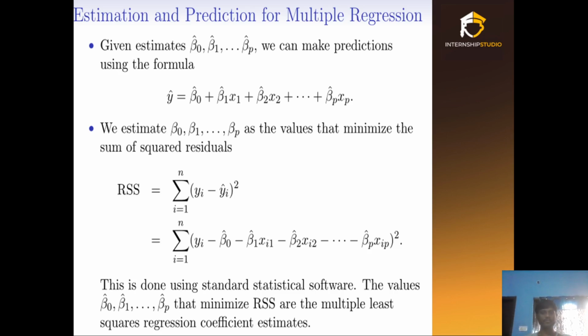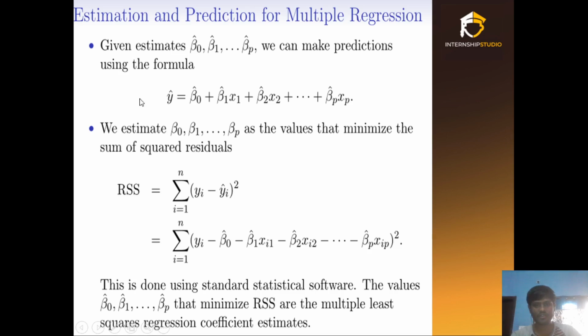Why? Because suppose the relationship between x and y is not linear, then we have to fit the linear regression, right? So that will become a problem for us. So based on the limitations that we have, we are going to make our own assumptions, and then we are going to make the best possible fit of the model.